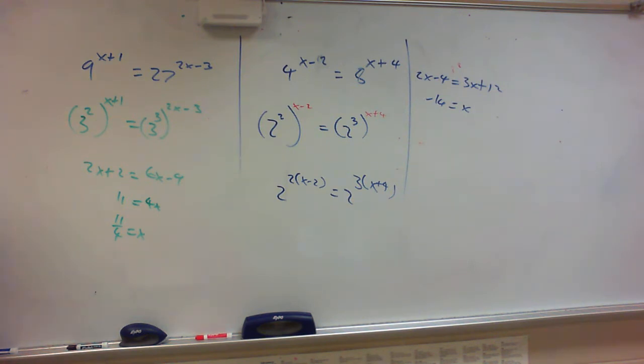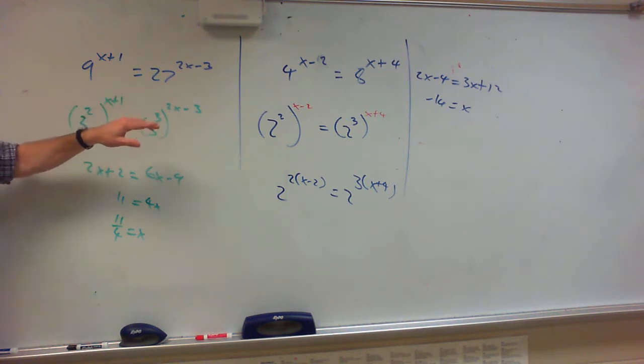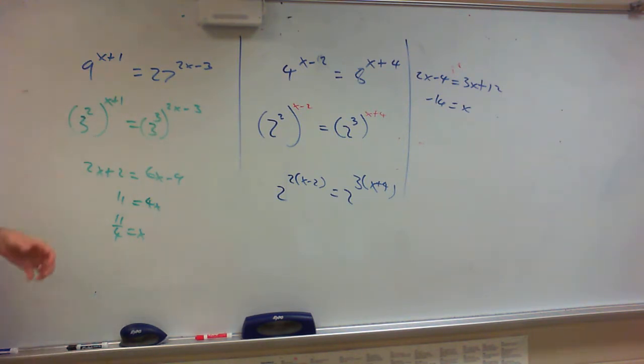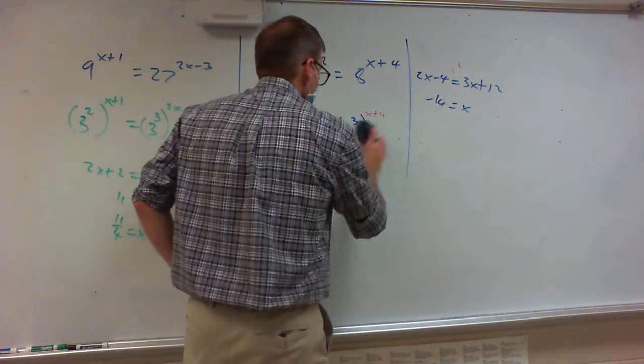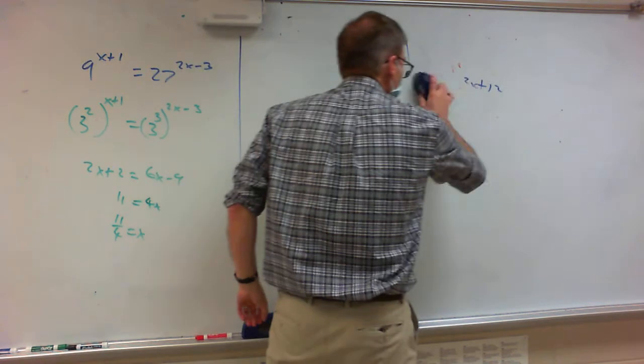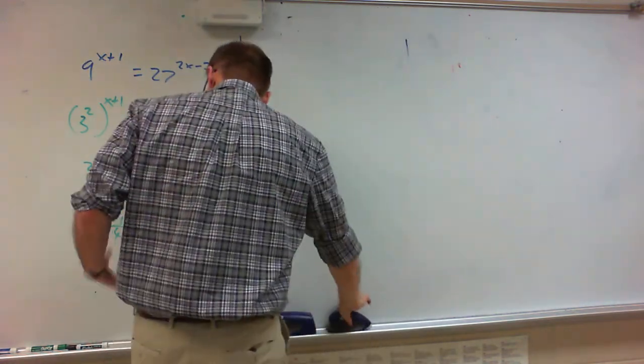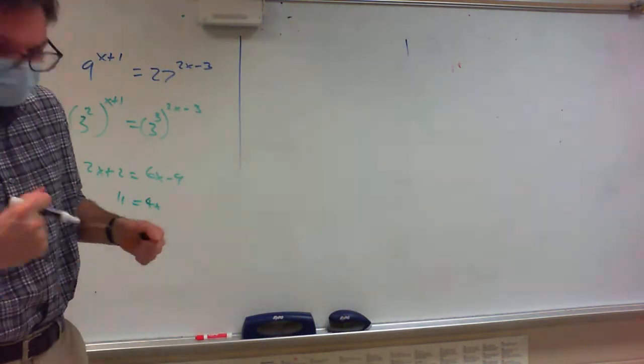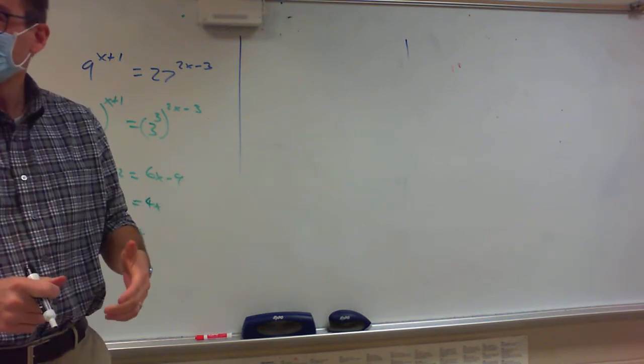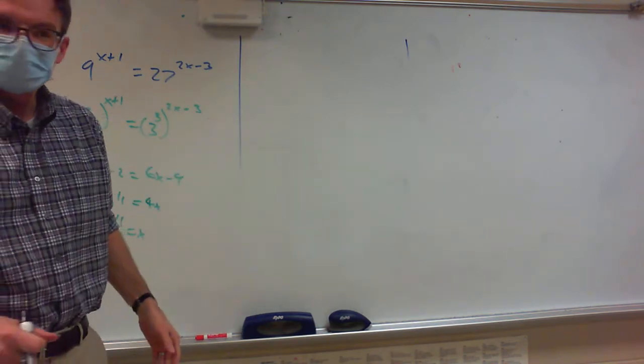Everybody kind of see how this works? Everything hinges on you identifying what's your common base. Well, how do we make these things uglier? Because that's what's going to happen, right? They don't always stay this way.